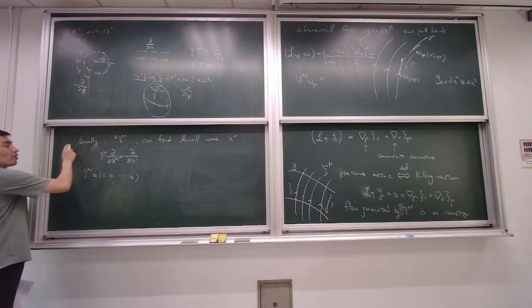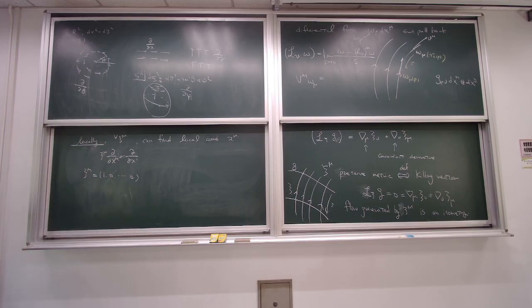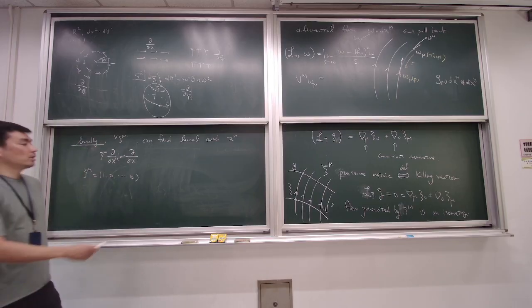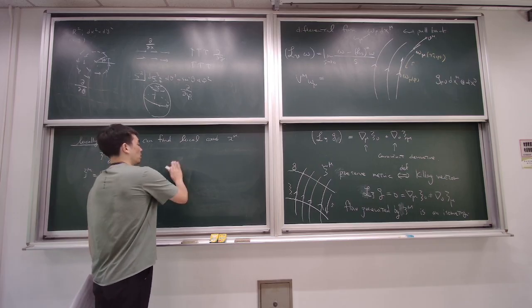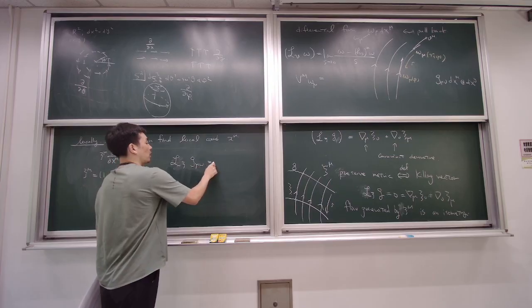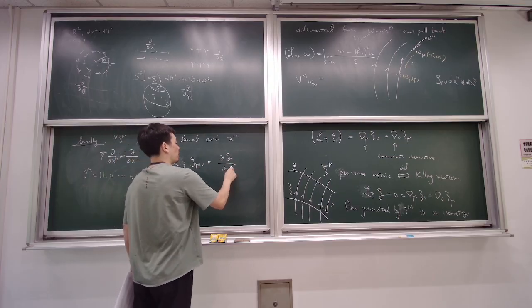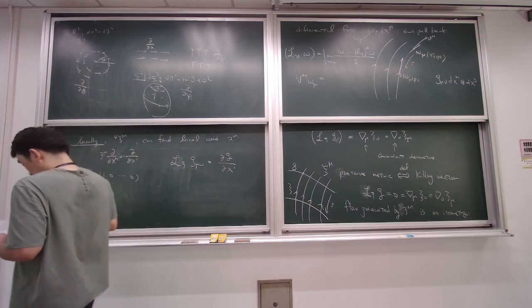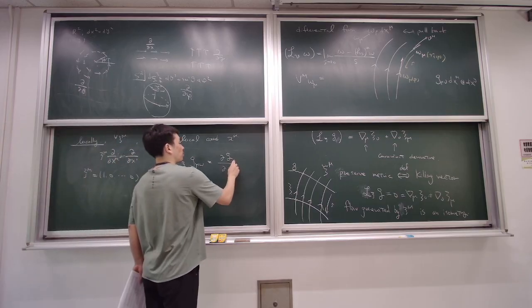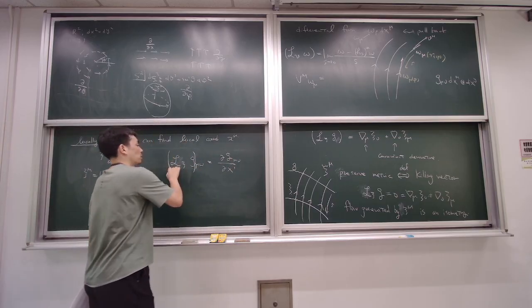The important thing is only locally, not globally. In that case, the Lie derivative of g mu nu along C is just the derivative of g with respect to x1.